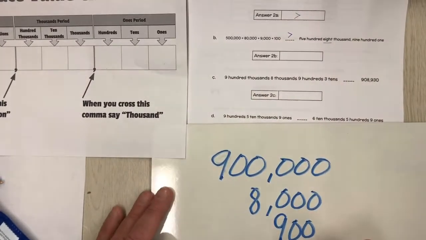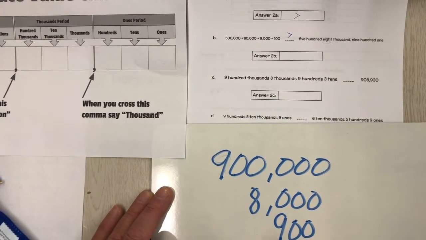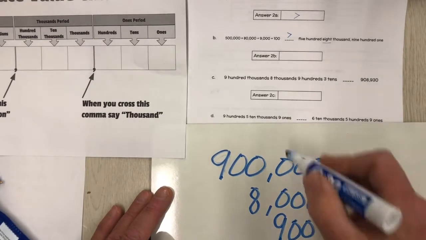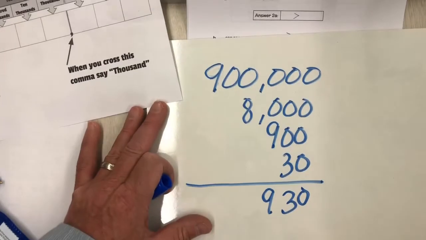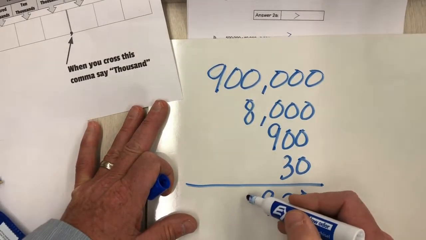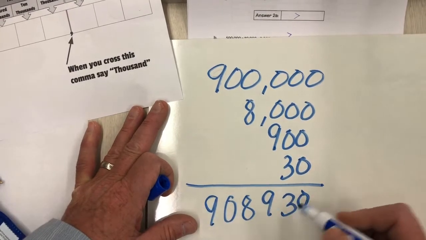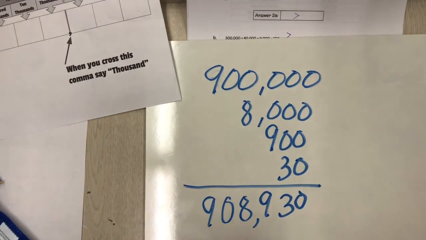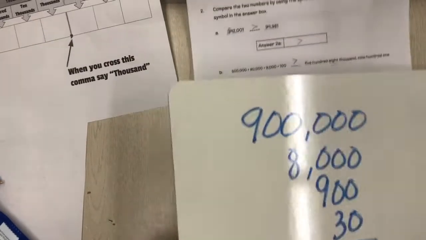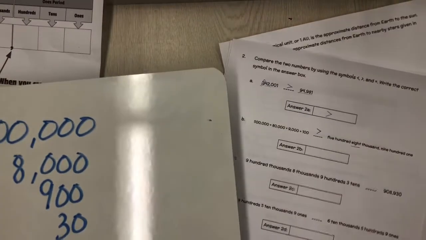And then 3/10s. So if I add all these up, I'm going to end up with 0, 3, 9, whoop, out of picture, 8, 0, 9. So I got 908,930. Now I got to compare it to this one.